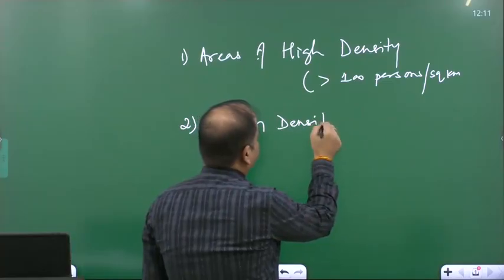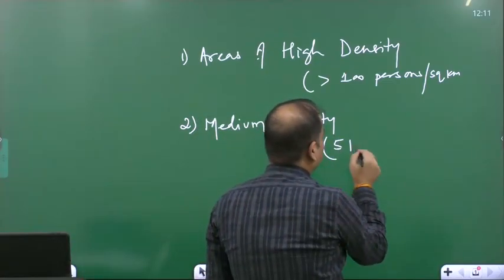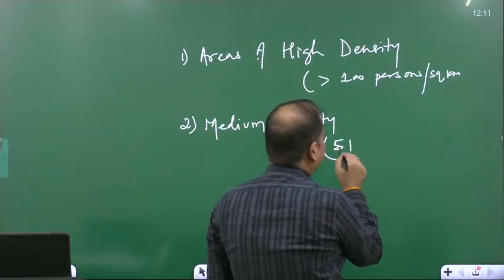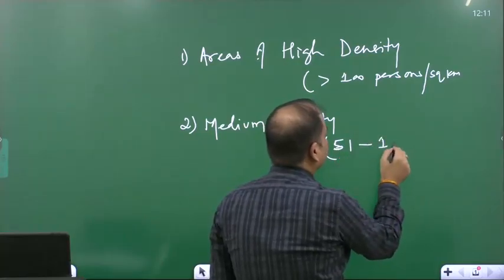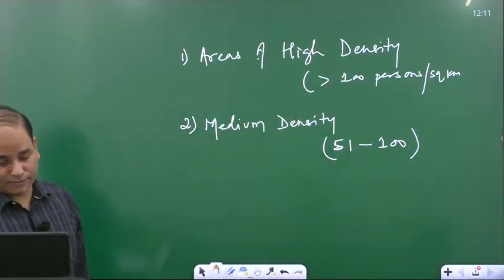Medium density is when population density is between 51 to 100 persons per square kilometer.